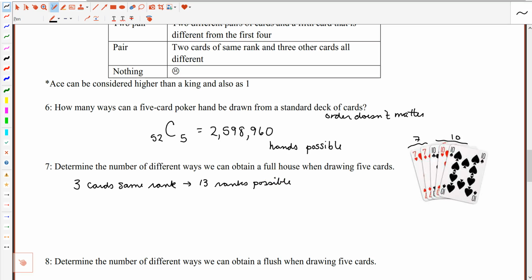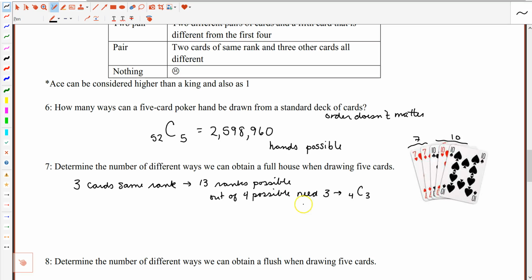So let's say you lock in what rank you want it to be. So for instance, maybe your rank is going to be 10s. Okay. So out of the 4 possible 10s, you're going to need 3 of them. Okay, so once you lock in your rank, this would be the number of ways of getting 3 of those cards out of the 4 possible.